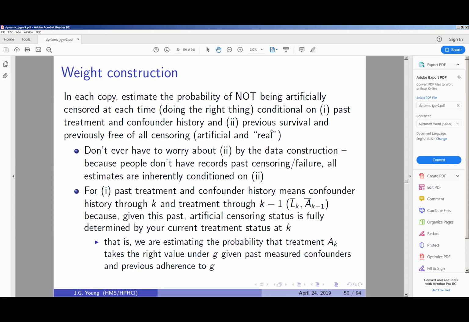But for the past treatment and confounder history, it means the confounder history through K and treatment through K minus 1, because given this past, artificial censoring status is fully determined by your current treatment status at K. So when we estimate the probability of not being artificially censored at time K, what we're really estimating is the probability that treatment takes the right value according to G, given past measured confounders and previous adherence to G. And this is precisely that f obs that was in that original weight denominator.